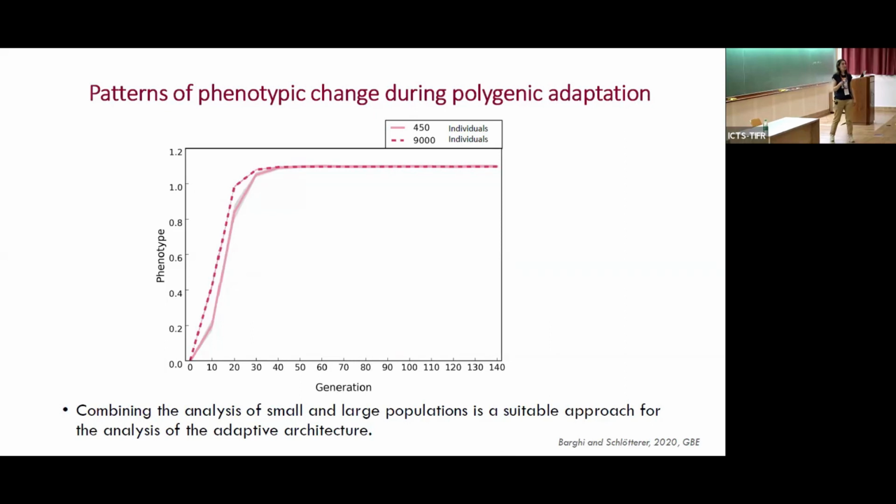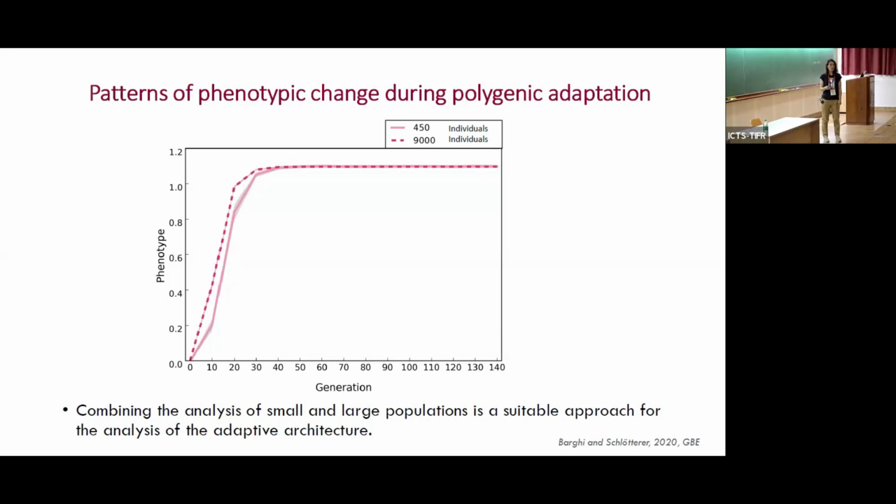This pattern would differ depending on population size. For example, in a small population of, I don't know, 400, shown here in this solid line, adaptation is less efficient, and it takes slightly more time to reach the optimum. But when the population is larger, it is much more efficient and faster.